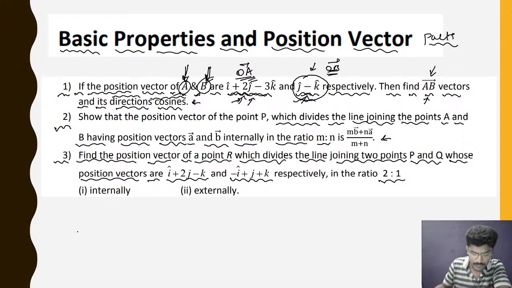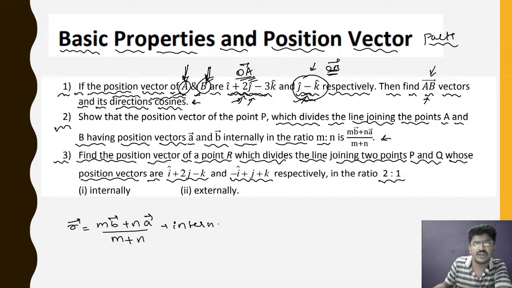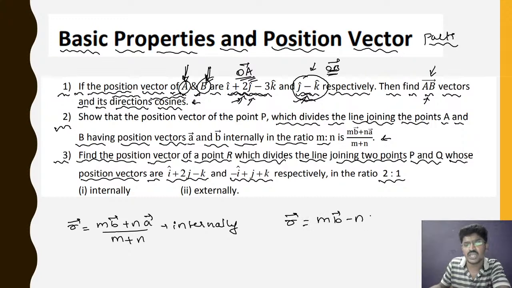See here, we have already solved: vector R equal to m vector B plus n vector A divided by m plus n. This is for internal division. Externally, it will be vector R equal to m vector B minus n vector A divided by m plus n.